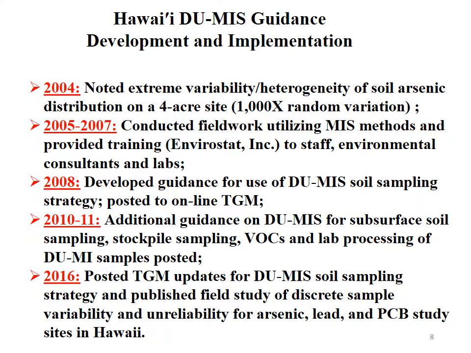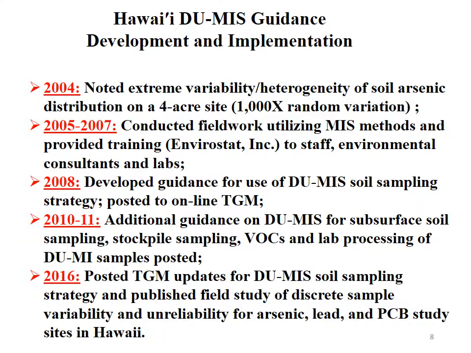I would say the major challenge during our initial use of DU MIS methods was the decision unit selection. It's a key part, and how to make the decision unit selection. The decision unit is the area in which we need a representative contaminant level to make a decision, and how we select that for environmental work as opposed to how it was applied in other fields like geology and agriculture.